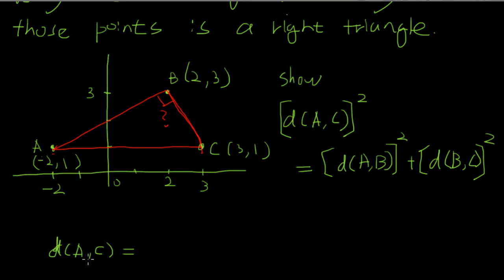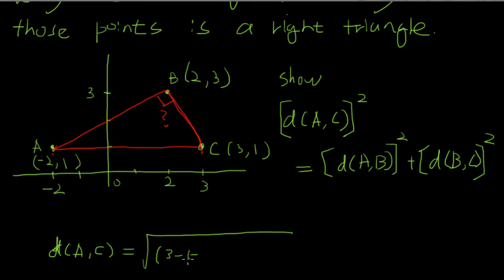So between A and C, it's going to be the square root of x2 minus x1 squared. So 3 minus -2, squared. No, it's -2, sorry about this. This is x2, this is x1.